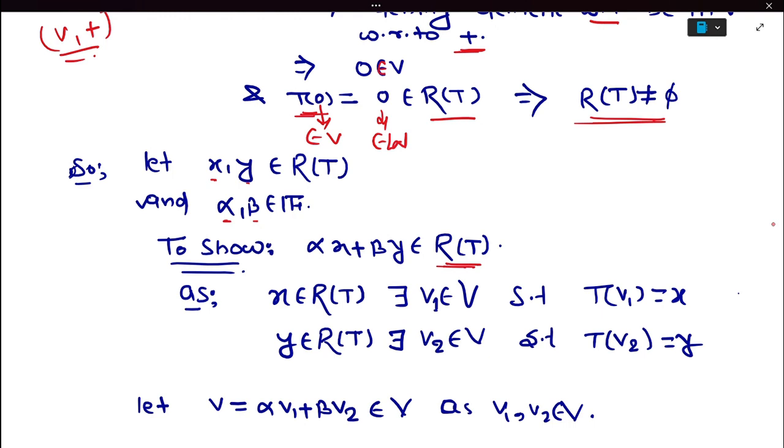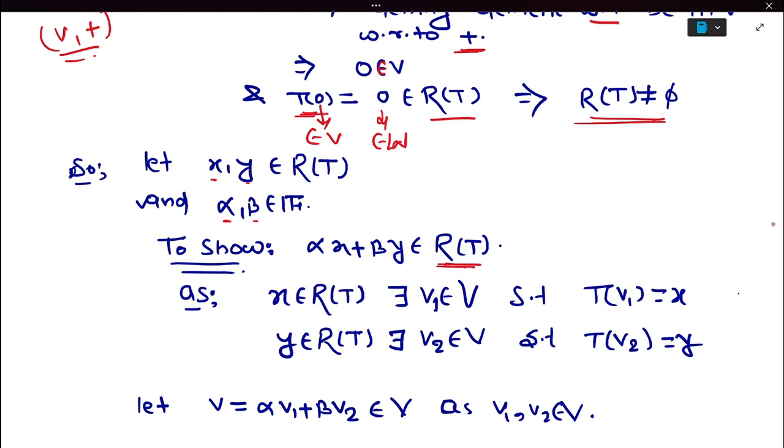How to test whether any subset is a subspace or not, I have given a video on this topic. You can visit that video if you haven't yet. So we have to show that alpha x plus beta y belongs to the range space.